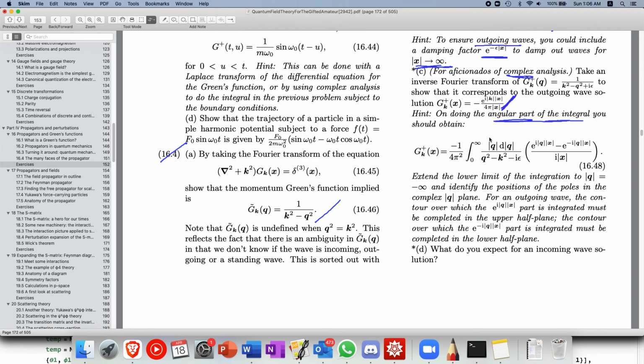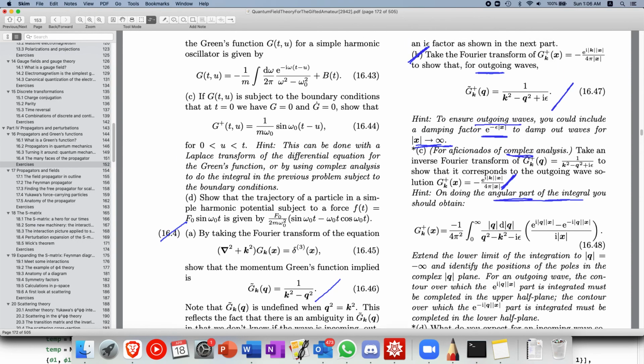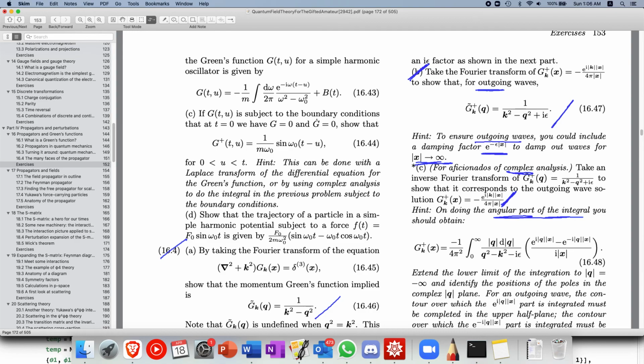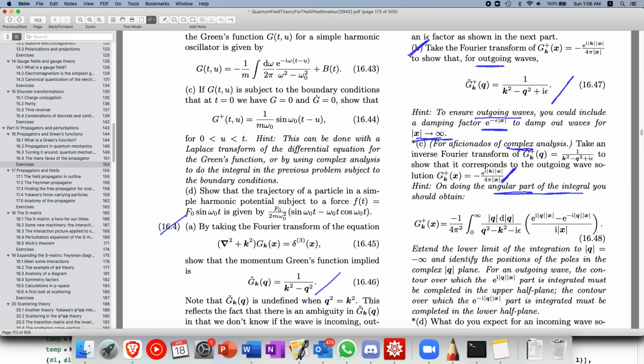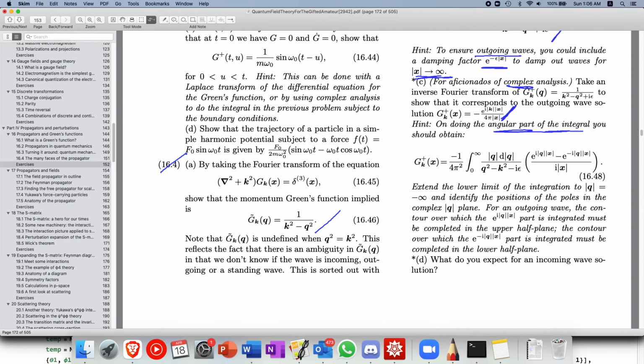So yes, we have Fourier transformed this to get this, and we have also gone the other way. So we have gone from the position to the momentum representation via the Fourier transform, and we have also successfully done the inverse Fourier transform, where we go from the momentum to the position representation using complex analysis.